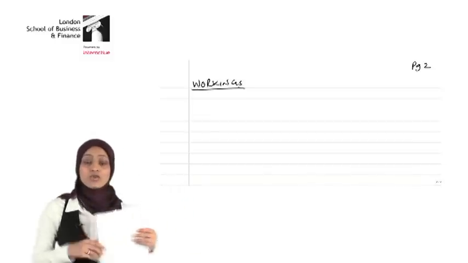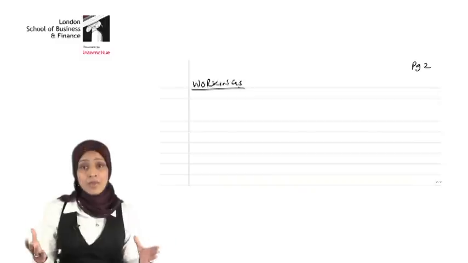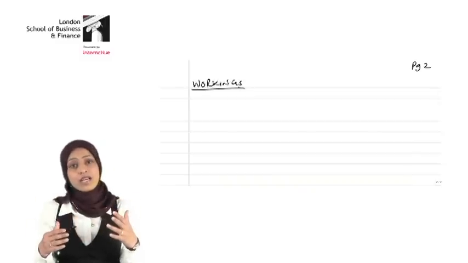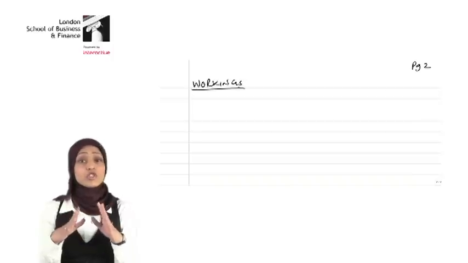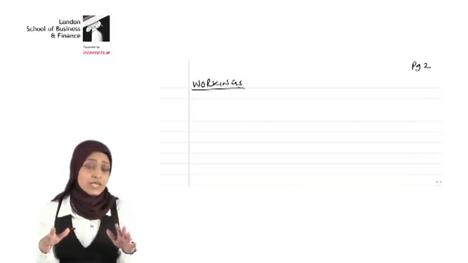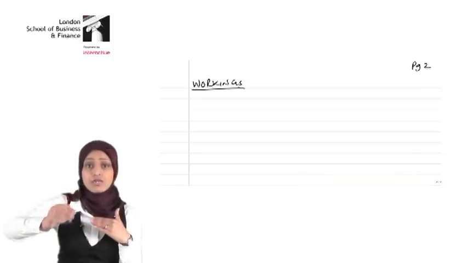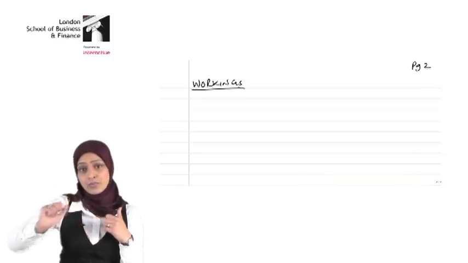This way you've left yourself ample space to do your work, for instance your income tax computation, because at this point you don't know how long it might be and how much space you will need. So leaving a full page for yourself gives you enough space.